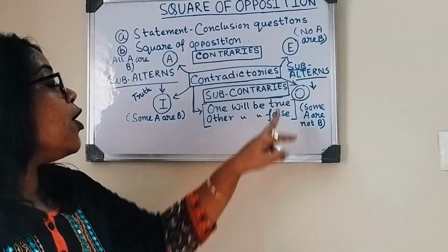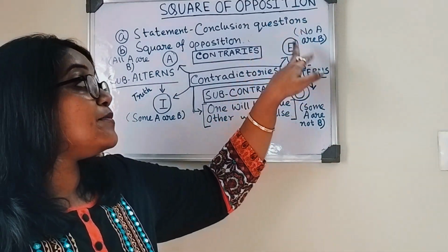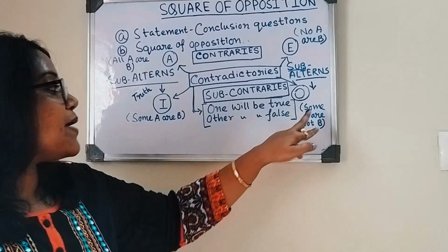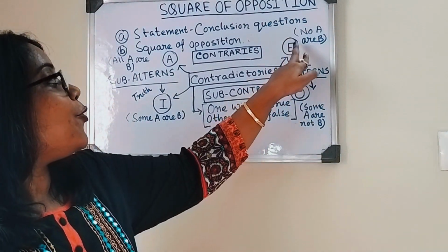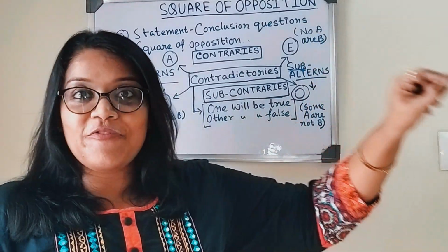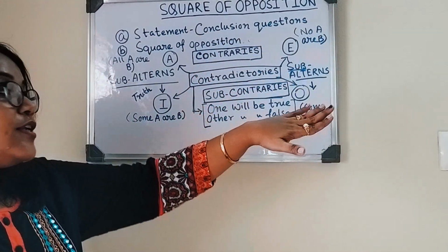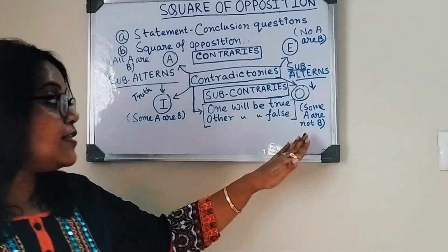So that's why if the O type of statement is false, the E type of statement will always be false. Okay. So if some A are not B is false, then no A are B is obviously false, because subalterns indicates truth downward and falsity upward.